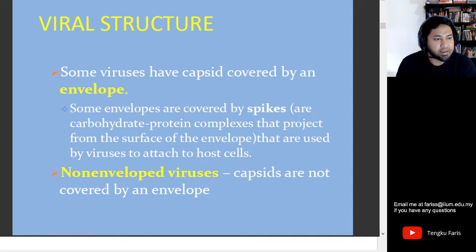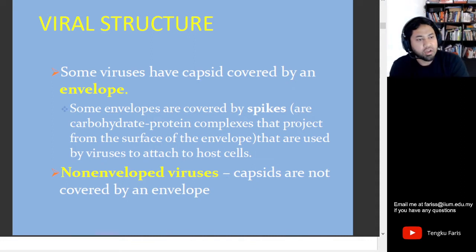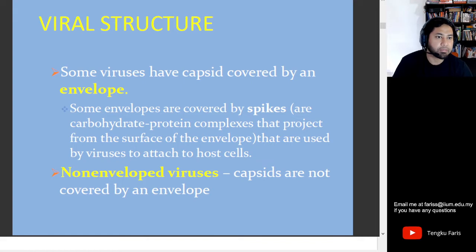The spike is like a tool for the virus to attach to specific linings of the tissue or cells, a tool for the virus to bind to. For non-enveloped viruses, capsids are not covered by an envelope. It's just like a barrel, so they don't have any protecting material.